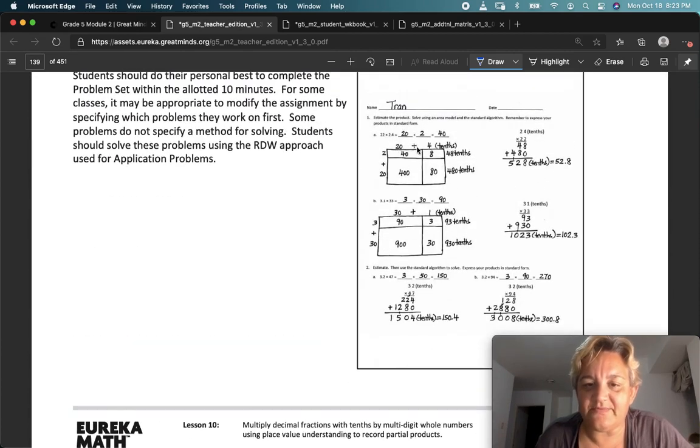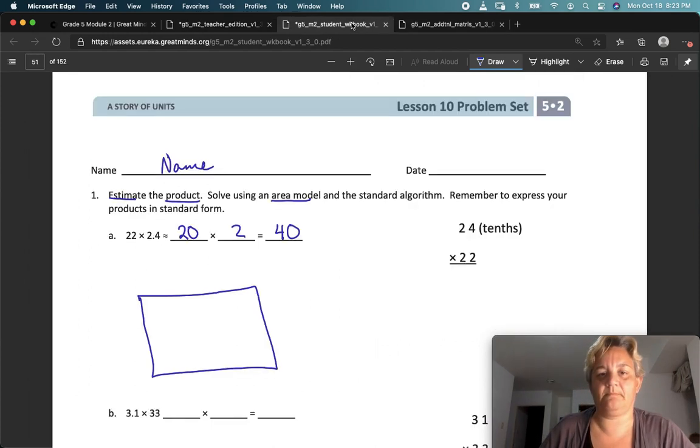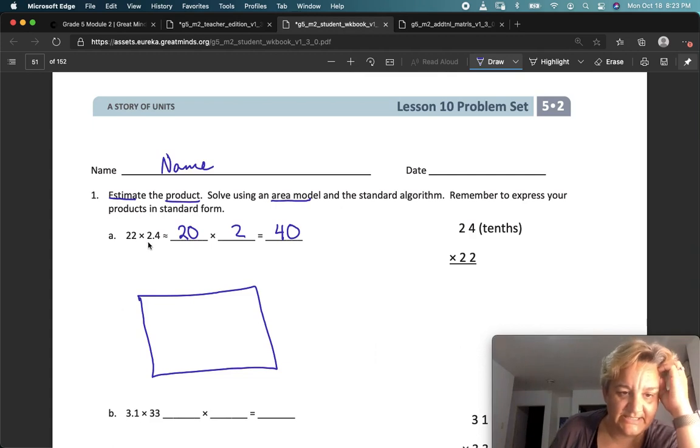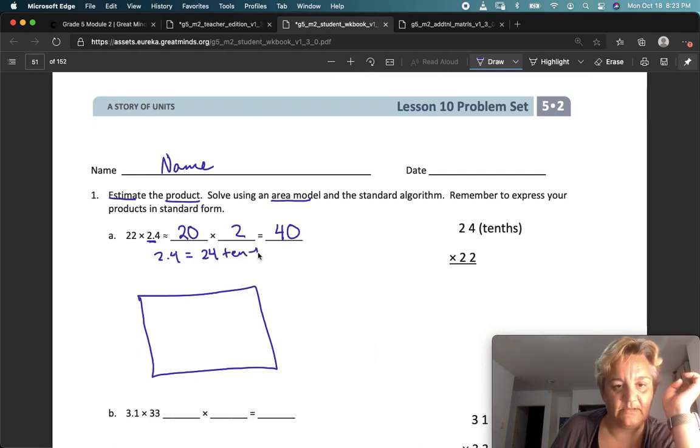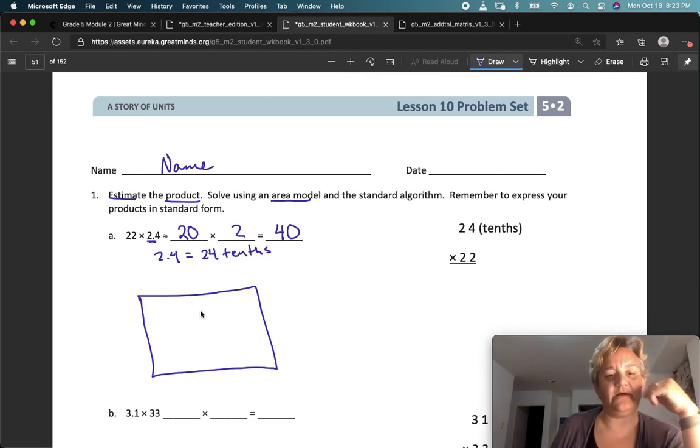Okay, so 20 and 4 tenths, that's what they're calling that. So 24 tenths. They're going to turn this 2.4 into 24 tenths. So we're going to call this 20 tenths and 4 tenths. They just changed that decimal into tenths.